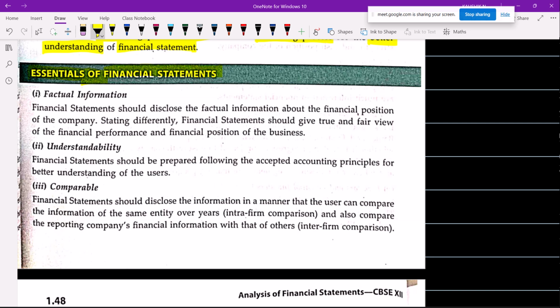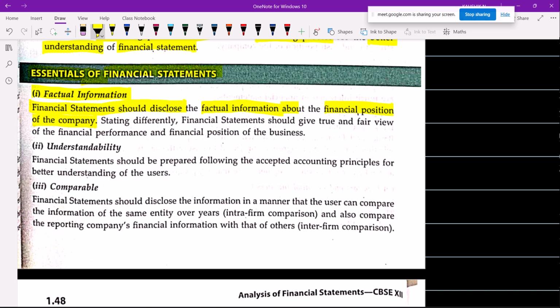The first and foremost is factual information. The financial statement must provide only factual information and not something imaginary. Which means financial statements should disclose factual information about the financial position of the company.